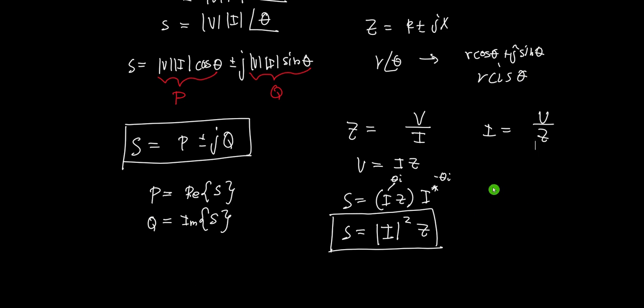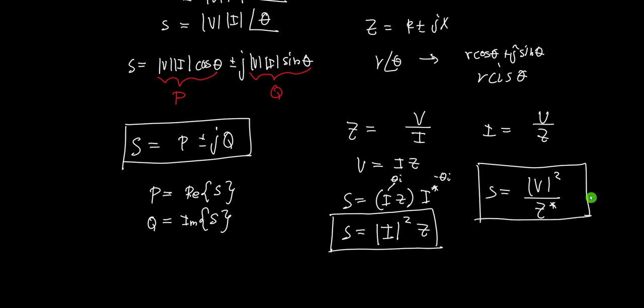So our S now will be the magnitude of V squared all over the conjugate of Z. It's not just all over Z, but you should divide it by the conjugate of Z. Unlike the current, where you multiply the actual Z. For the conjugate here, you need to make the imaginary part the opposite sign.